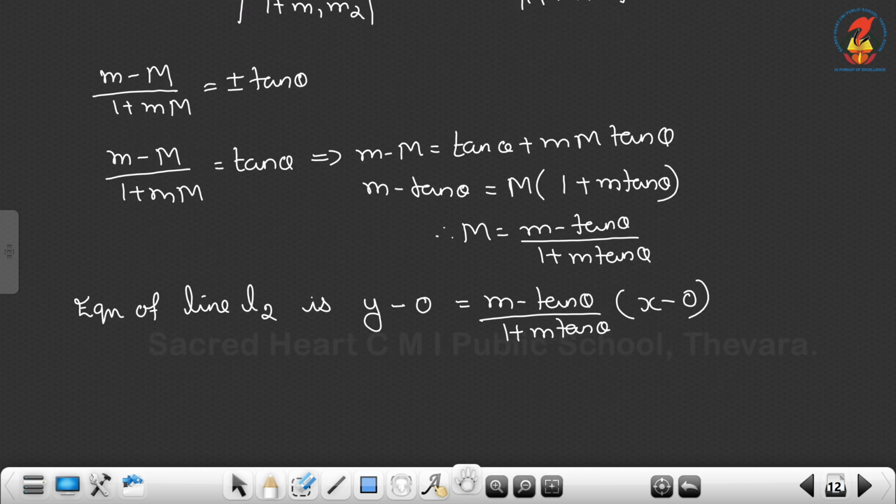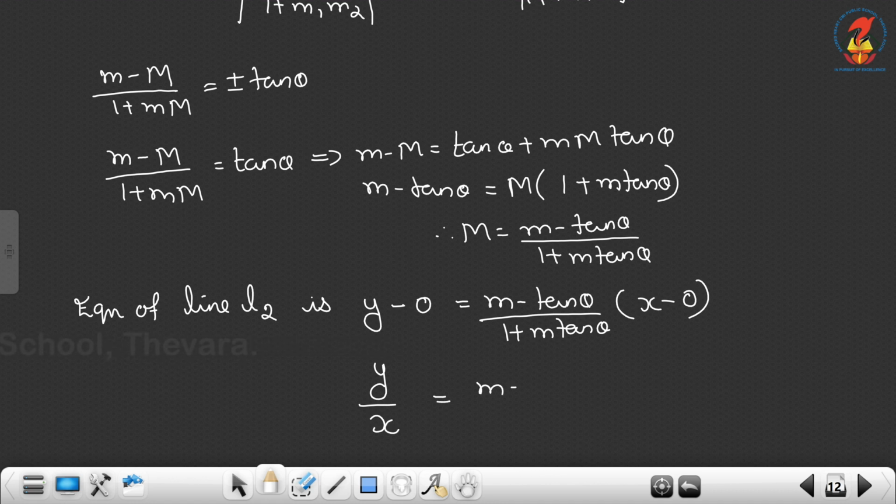When we take x to this side, it becomes division by x. So y by x is equal to (m minus tan theta) by (1 plus m tan theta).